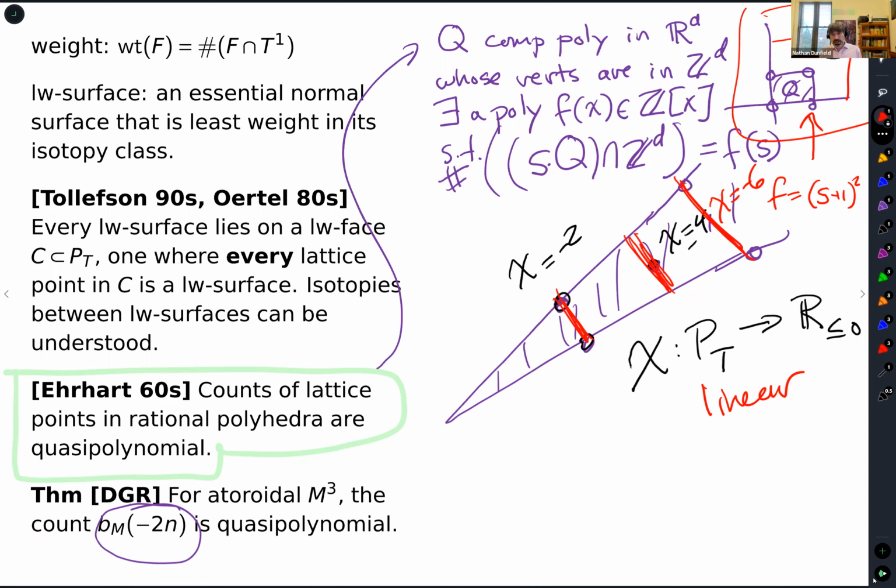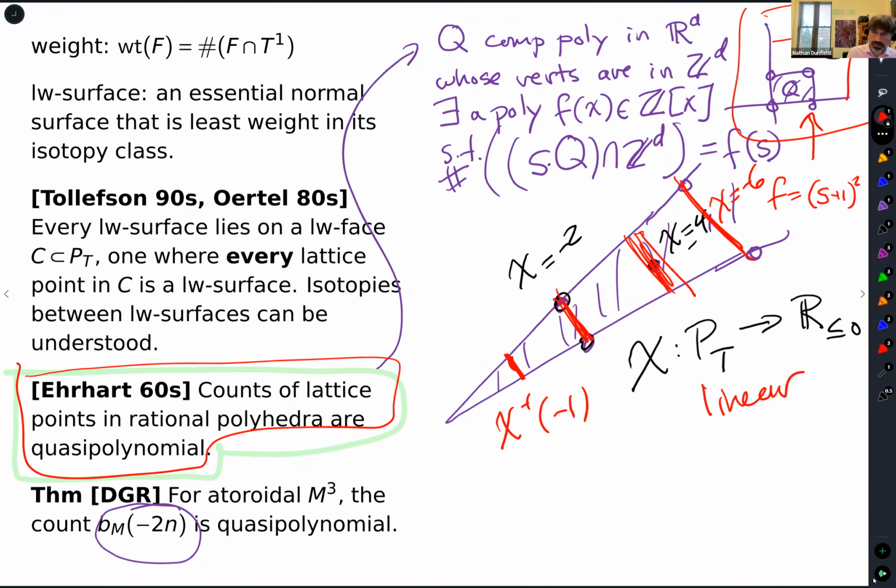In fact, you can think about it as taking the inverse image of -1, so that's like something like this, and we're dilating this thing out to get where the Euler characteristic is -2, where it's -4, where it's -6. And so in fact, the question we have actually turns into this setting of Ehrhart. And so therefore, the count is a quasi-polynomial.